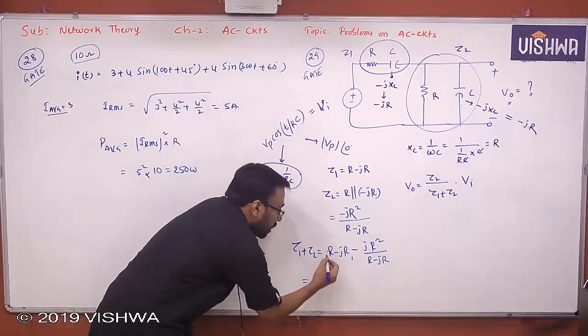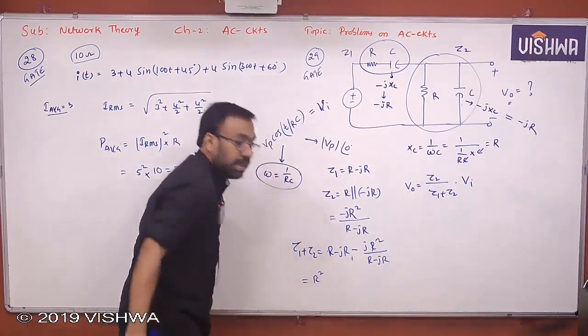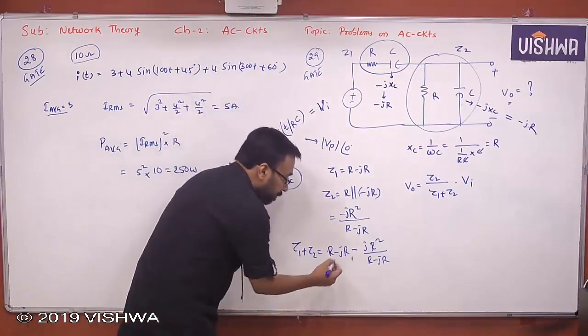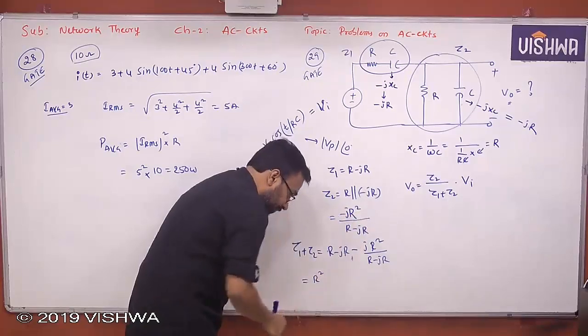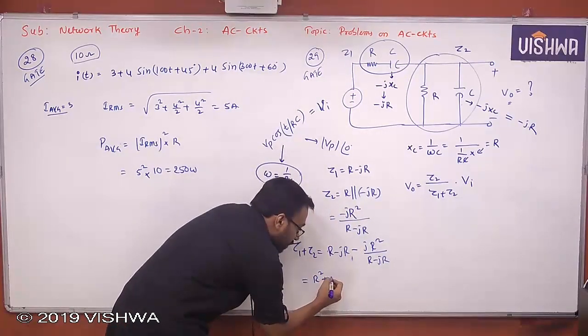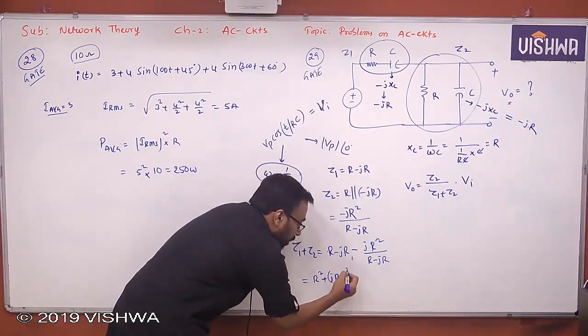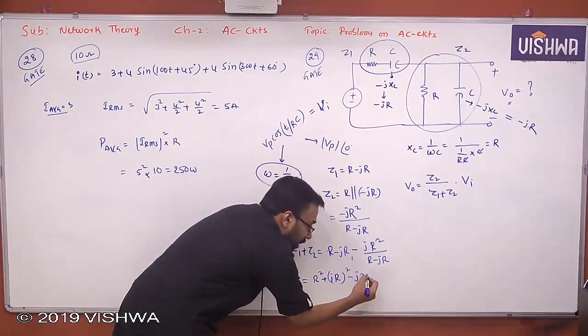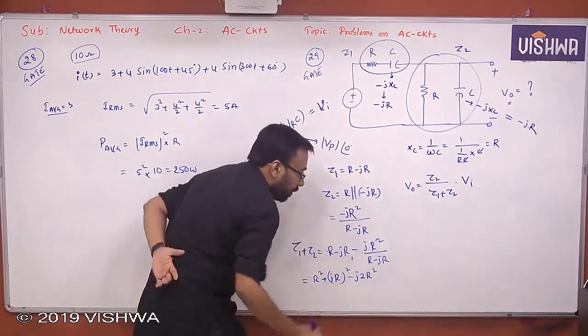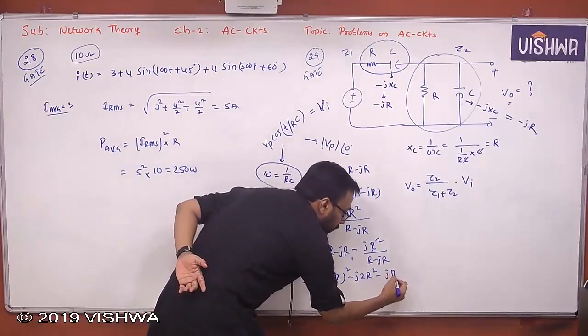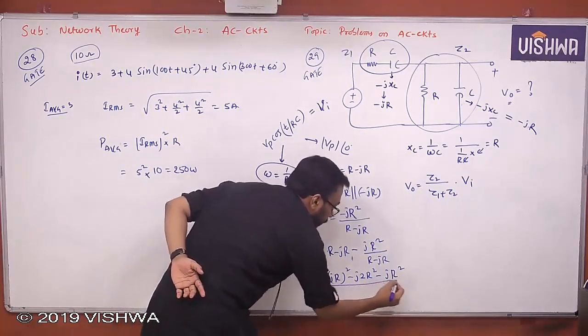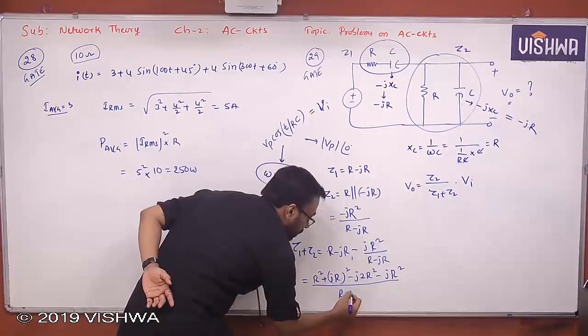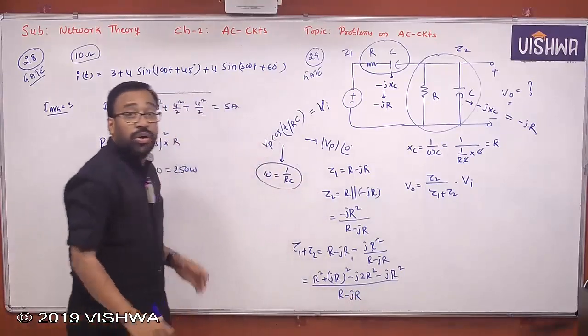You get R square minus jR whole square, plus jR whole square minus j 2 times R into jR, nothing but 2R square minus jR square by R minus jR. I hope you understand the point.